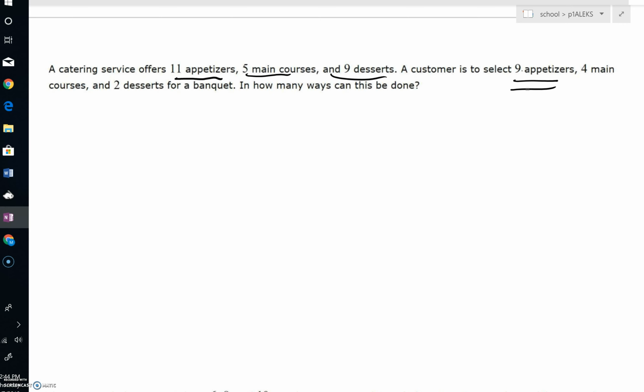It's one of the things you've selected or not. So that's a combination. Order doesn't matter. And it doesn't matter for any of these selections, really. If you've got 5 main courses, you want to select 4, 9 desserts, and you choose 2.